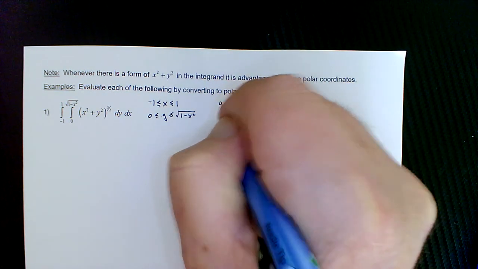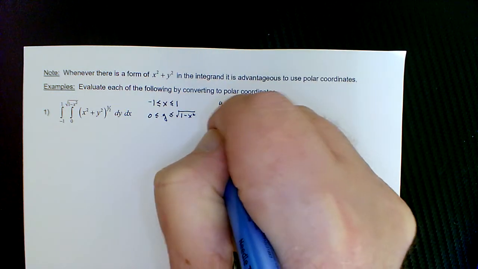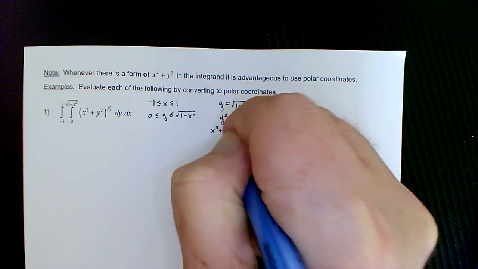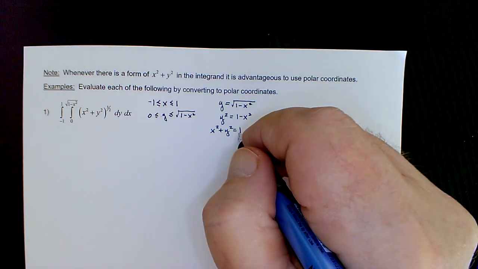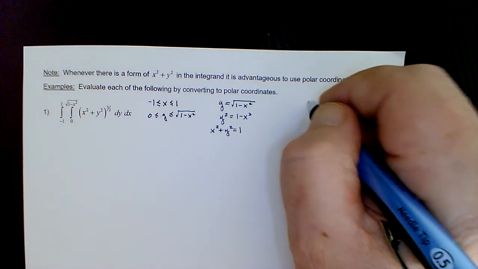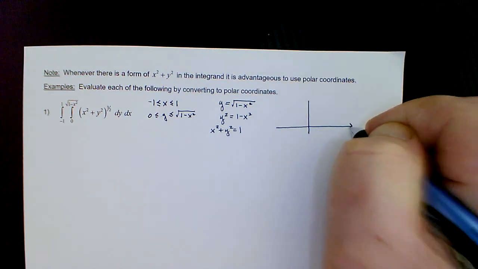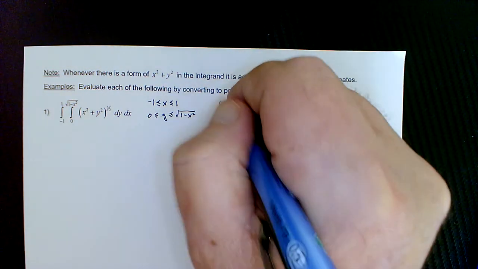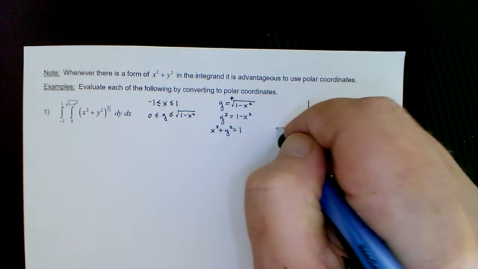We'll square both sides. So y squared is 1 minus x squared, and transposing the x squared, we get x squared plus y squared equaling 1, which we identify as a circle with the radius of 1. So what we're dealing with is a circle, but we're only looking for the positive part of this. So that's going to be the top half of a circle.